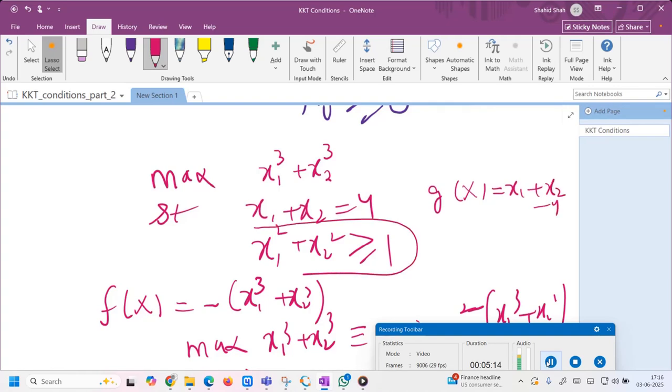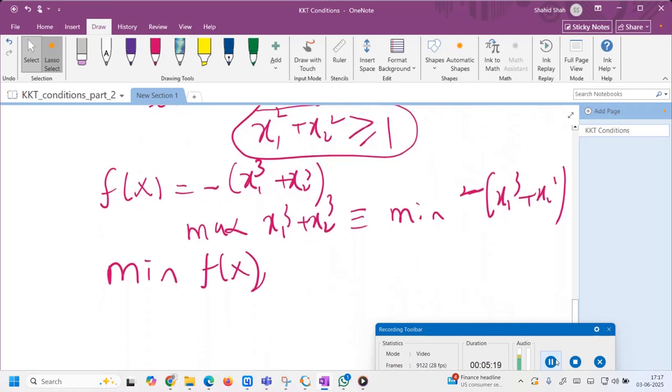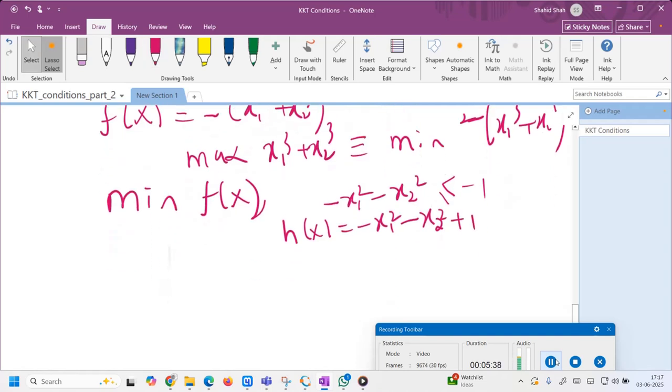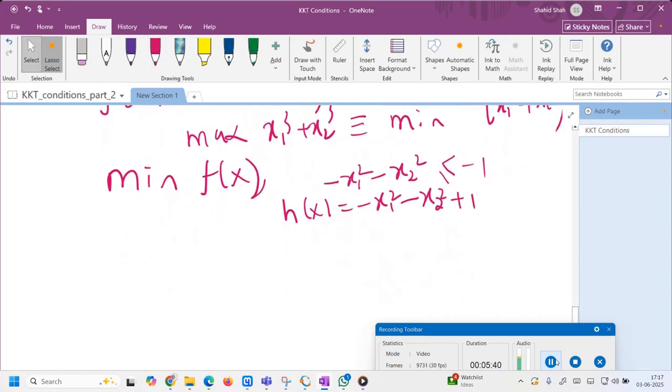What about this constraint? It is not in the standard form. So let's see how it will look if we bring it to standard form. Let's multiply by minus 1 on both sides. So we get minus x1 square minus x2 square less than or equal to minus 1. Now if you define h of x equals minus x1 square minus x2 square plus 1, we can see that the given inequality can also be written as h of x less than or equal to 0.